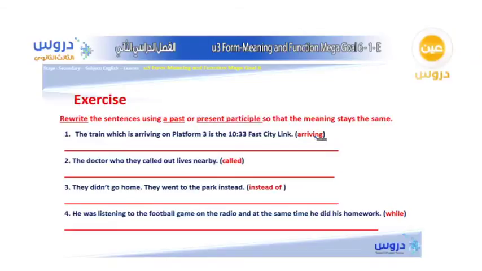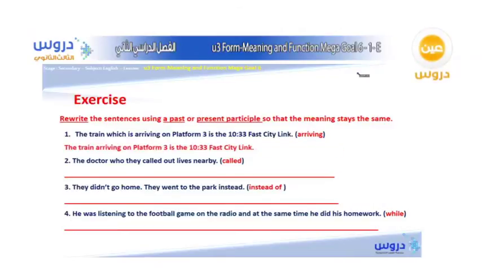We want you to use arriving as a present participle. What can we say? We can remove which is and say, the train arriving on platform 3 is the 10:33 fast city link.